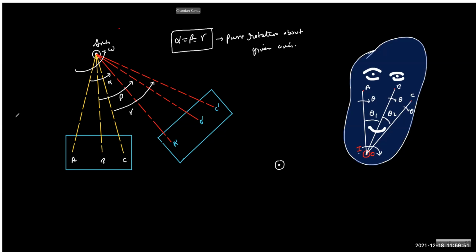Therefore, the analysis of motion becomes fairly simple, and we totally ignore the translatory behavior and only stick to the rotatory behavior to analyze the motion. So that fundamental benefit will be there with us, and that is why it is very important in this chapter to look for such axes.